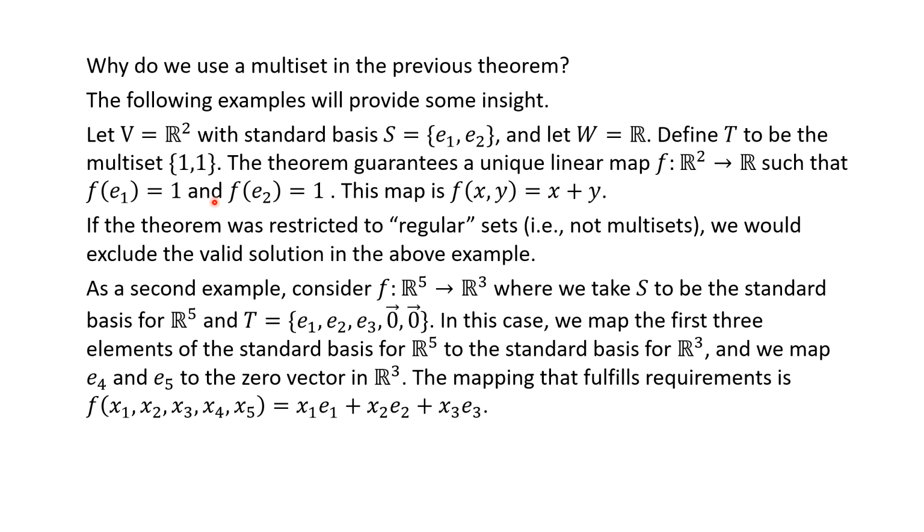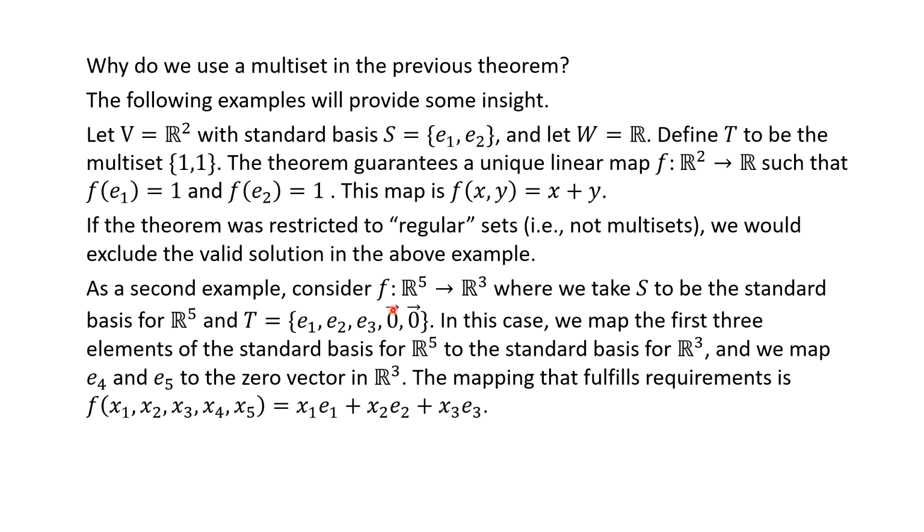So it fulfills the mapping. If the theorem was restricted to regular sets, in other words not multisets, we would exclude a valid mapping, which we've just shown here, unnecessarily. So the theorem gives us more flexibility. We have another example that maybe gives a little bit more motivation.